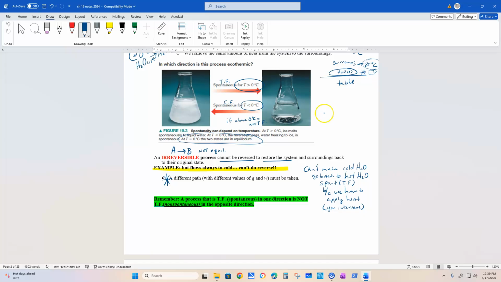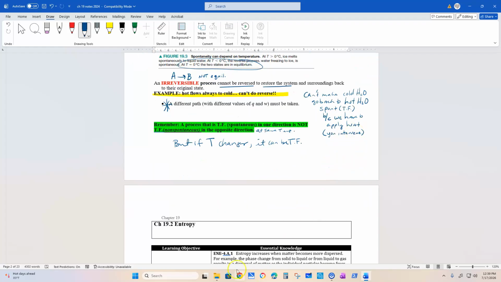That's at the same temperature. But if temperature changes, then it can be thermodynamically favored if you try to restore it, okay? So we have to pay close attention to temperature, okay? All right, we're going to talk about these particle movements in the next video.